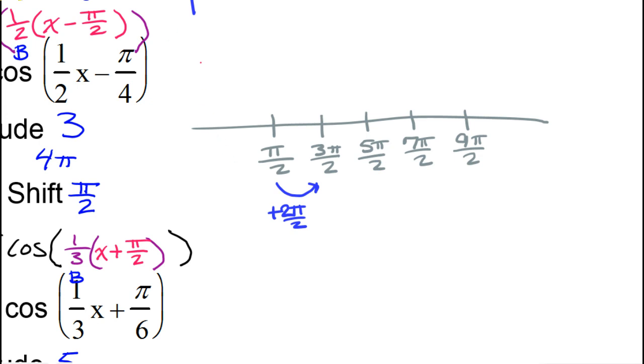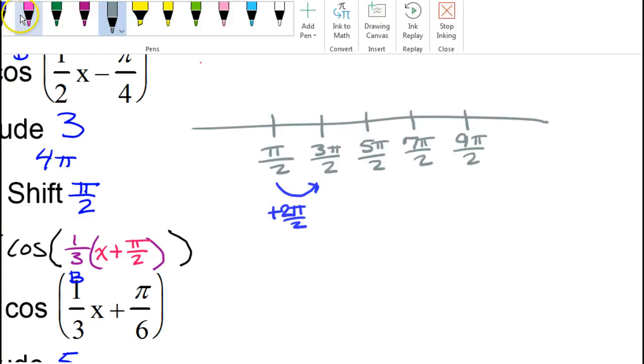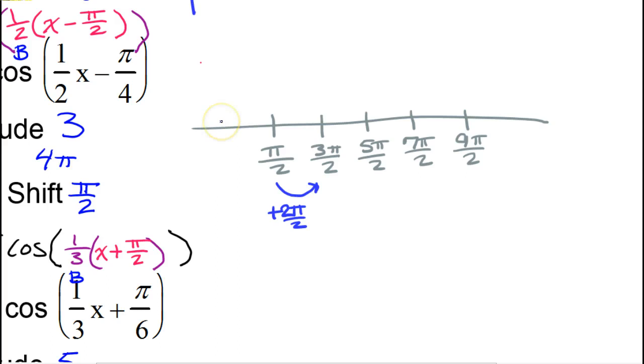Now, in addition to this, I'm going to put another mark or 2, depending, because I need to see exactly where the y-axis is going to be. So I'm going to put another mark to the left. If I'm going to the left, that means instead of adding 2 pi over 2, I need to subtract 2 pi over 2.